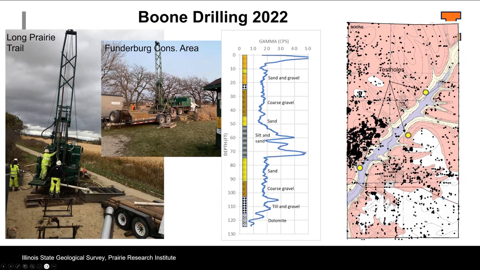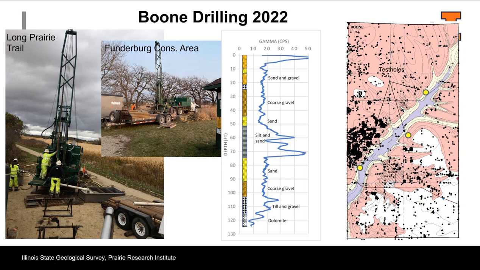This particular boring is one we did, this one in the middle here at Funderburg Conservation Area. We were able to drill through and collect sediments all the way down to rock. And here we knew we were going to hit some limestone, so we did hit the limestone here at a shallower depth. But we got through a lot of the sand and gravel, which are the shallow aquifer units. We had a confining unit, which is an old lake sediment, and then we hit more sand and gravel underneath that.